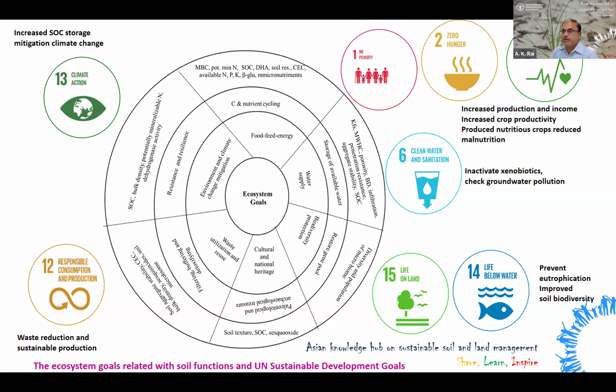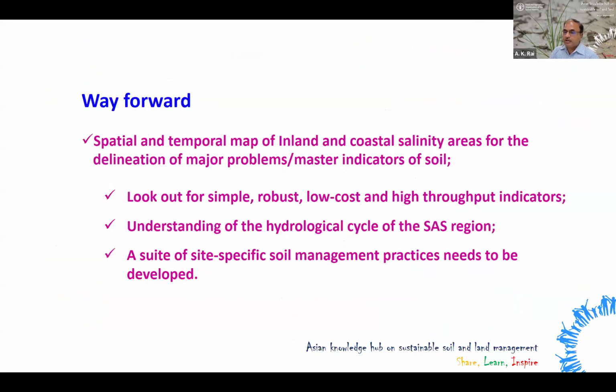So these are the things that we have to think about, being soil scientists working on the ecological aspect. So keeping that in mind, my thought is that the future challenges need to be addressed, because the database is very important.